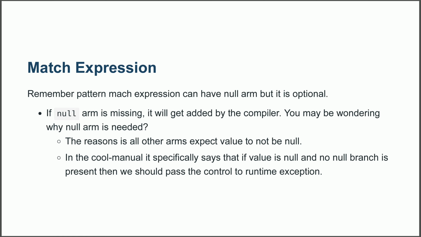So again, the user has the option to provide a null arm, but if it's not provided and the expression is null, the code will go to the runtime exception.